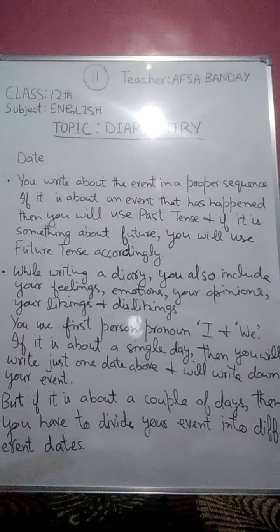But if your diary entry is about a couple of days, then you have to divide your event into different dates. That means you will write the starting date, then the middle dates from this date to this date, and then the date of the last day.